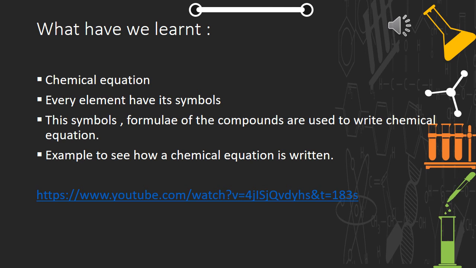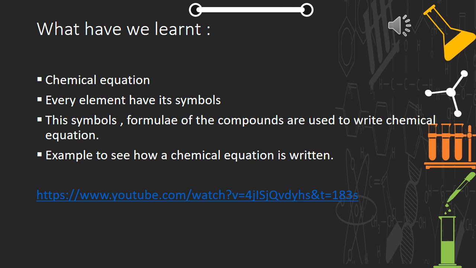Let's stop today's class, children, and let's revise quickly what we have learned today. At the very first, we have learned about the chemical equation, which is the symbolic representation of a chemical reaction. Also, we have seen that every element has its symbol. So if you go back and see, you have the first 20 elements with their symbols.